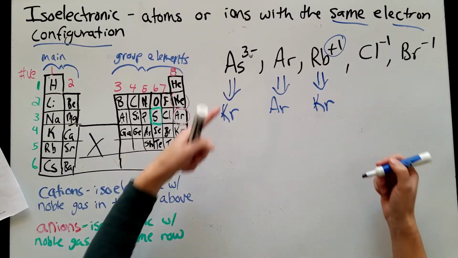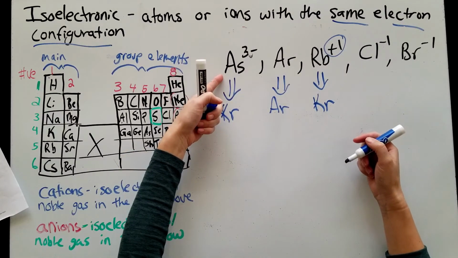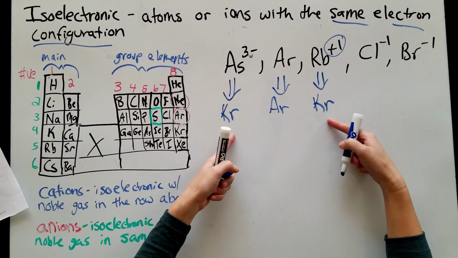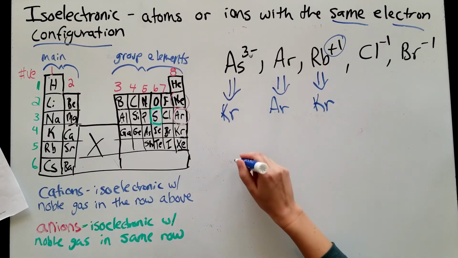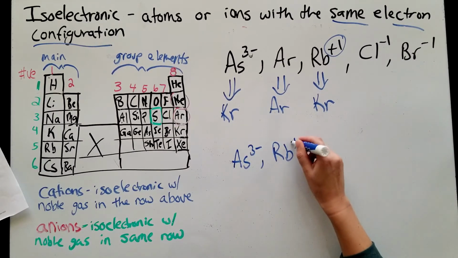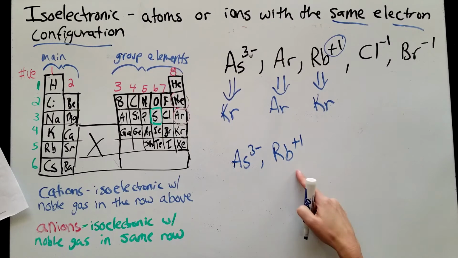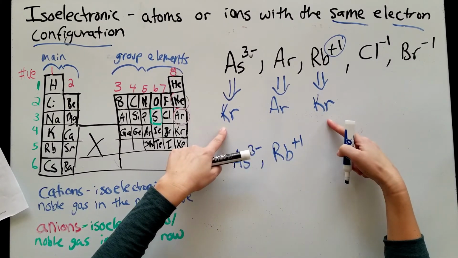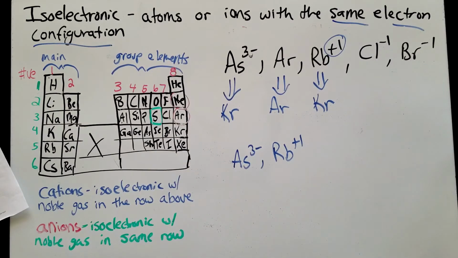Notice arsenic, an anion, and rubidium, a cation, have the same noble gas in common. That means arsenic 3- and rubidium plus 1 are isoelectronic with each other because they have the same noble gas in common. Let's keep going and see if any of the others match up.